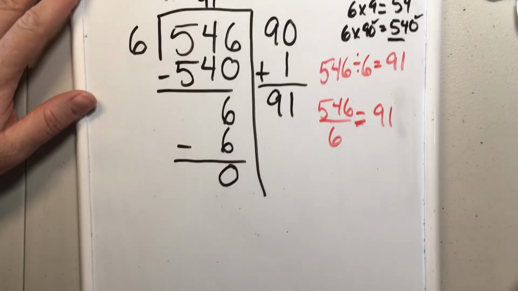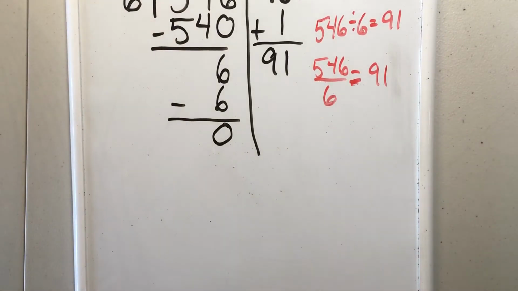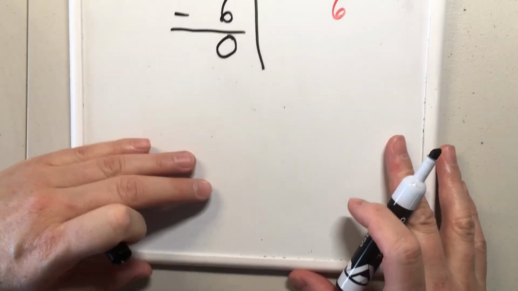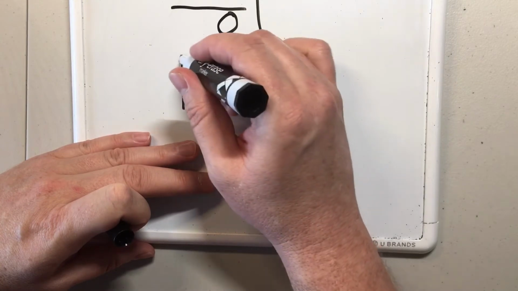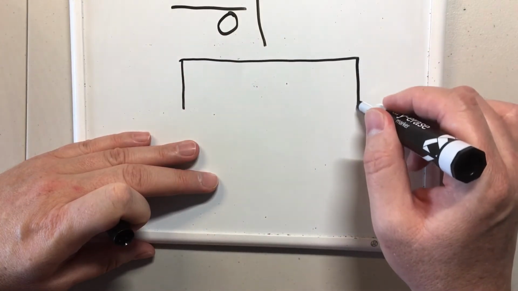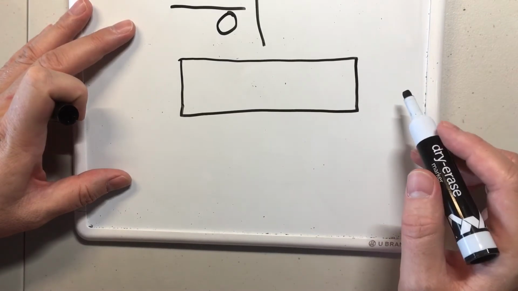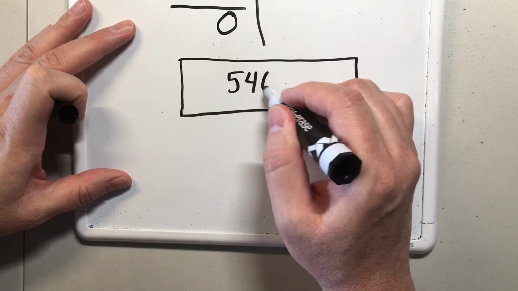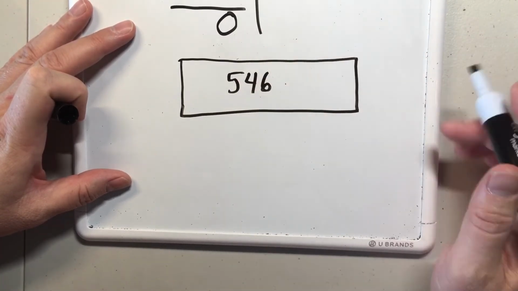Okay, just kind of reviewing the way it may look. If you took a look at my video, Ways to Think About Multiplication and Division, I taught the idea of a sharing mat. And I'm not going to go through the whole thing, okay? That's not the purpose of this video. But you would have a total of 546 something, whether it's beans, whether it's rice, whatever it is.